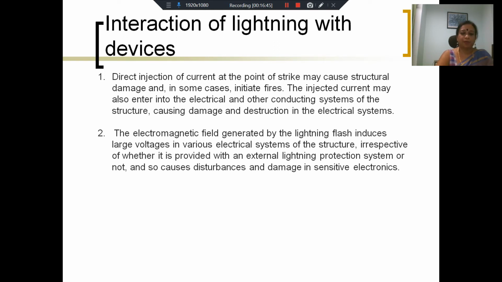So you have a point on the ground or a tall structure, and the lightning strikes directly to this point. As a result, there will be considerable current flowing, considerable light, considerable heat, and there will be air explosion. So this can cause considerable structural damage and can even initiate fires.